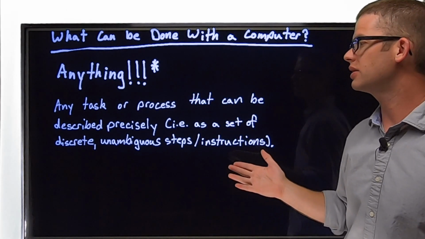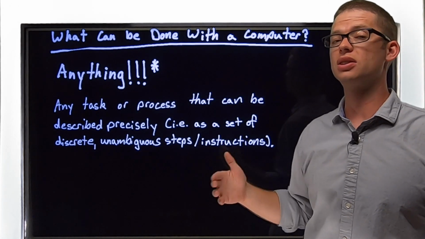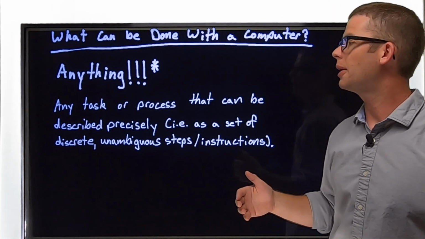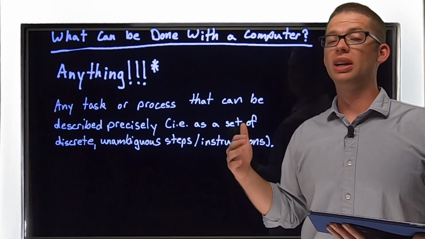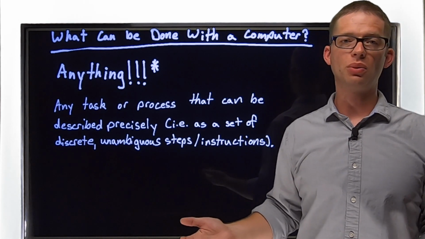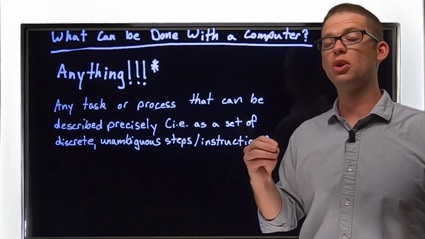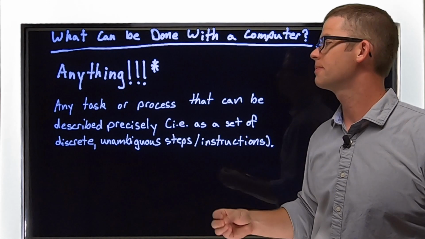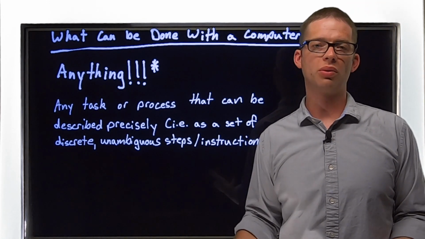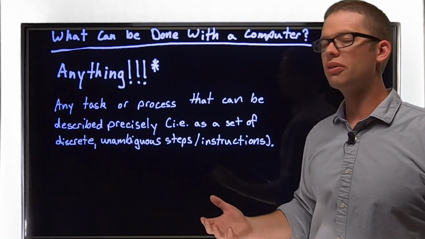Now, it turns out that this is very difficult to prove. But in many, many decades of trying to find counterexamples, no one's been able to find one. No one has been successful in describing precisely a task that we can't build a computer to perform. And that is pretty significant.